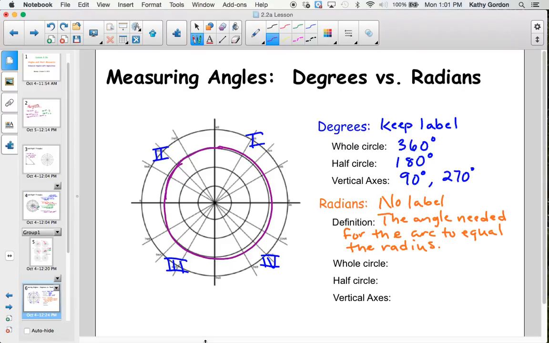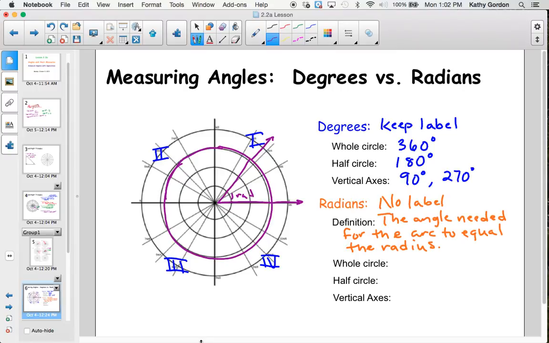So the angle that's necessary, starting here on my initial side, the angle that's necessary to make this radius equal that arc, that angle is what we call 1 radian large. Does that make sense?